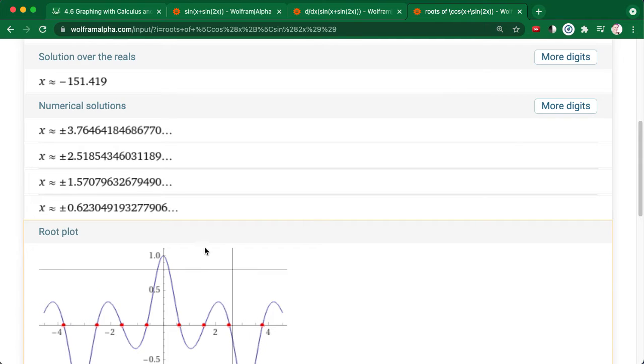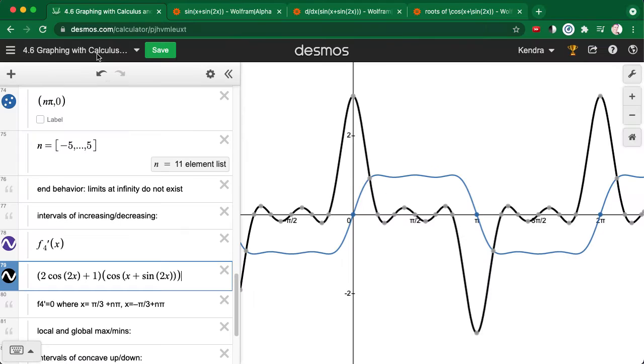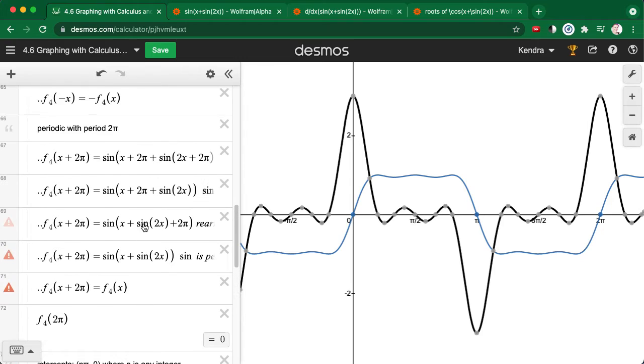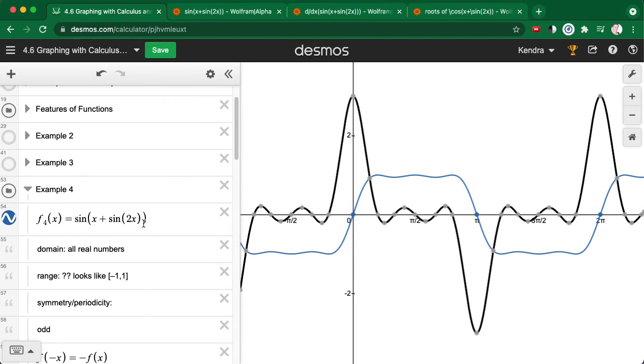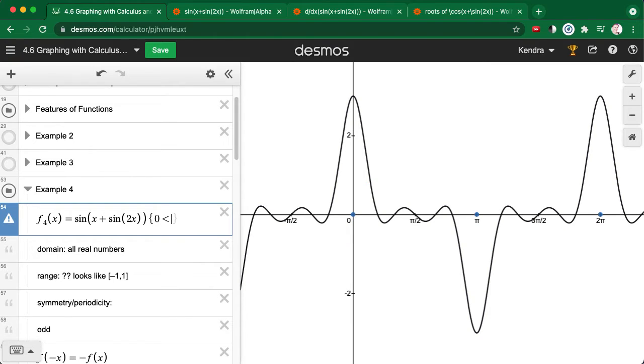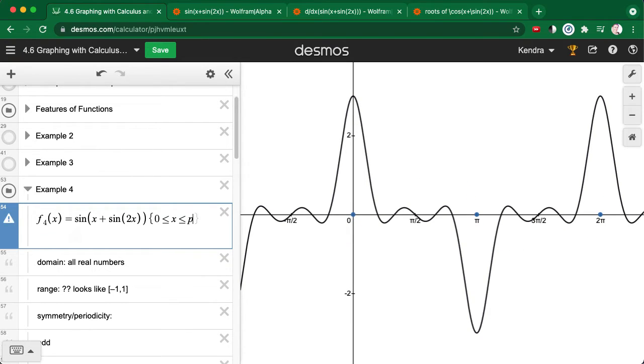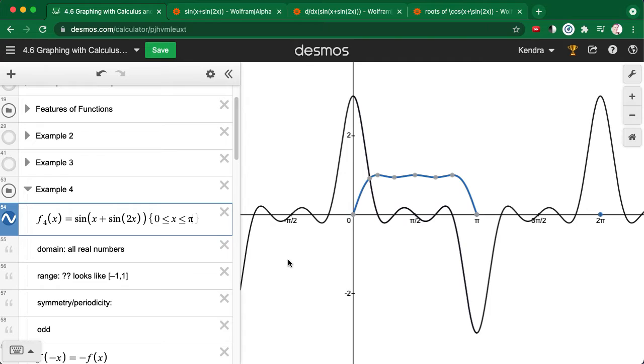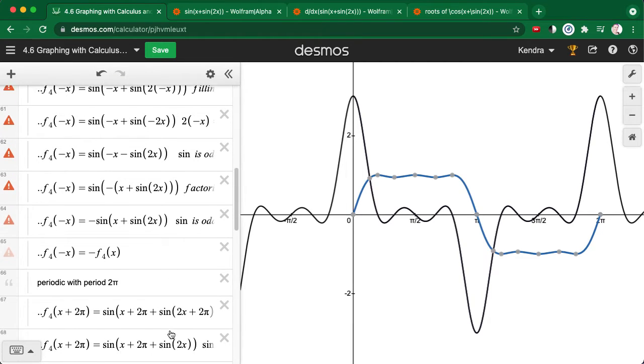So since this function is periodic with period 2 pi, I want to go ahead and just restrict us to just looking at 2 pi, one period of this function. And then everything else is going to repeat.